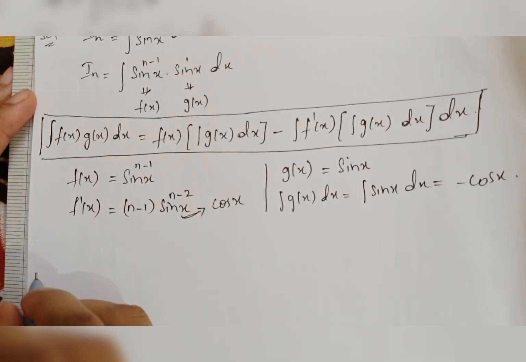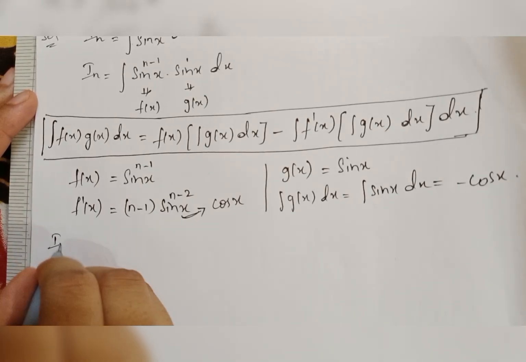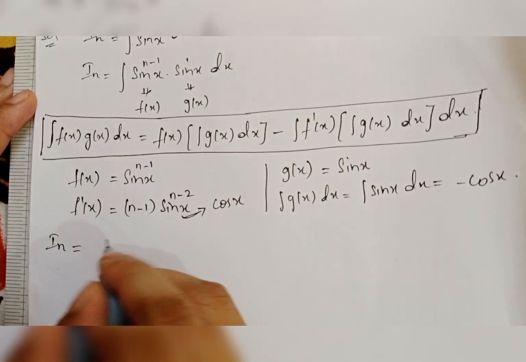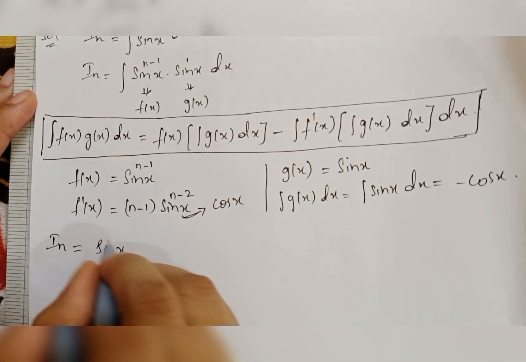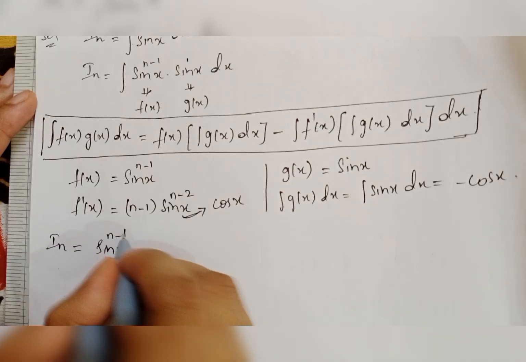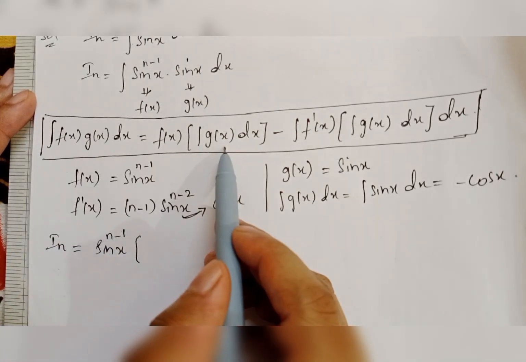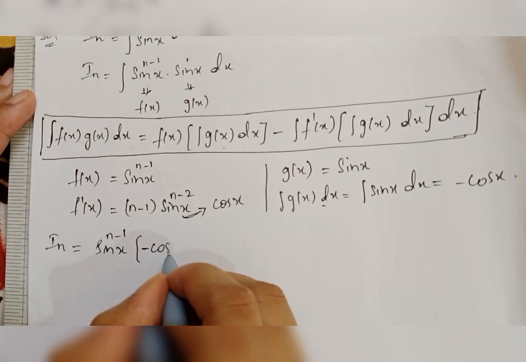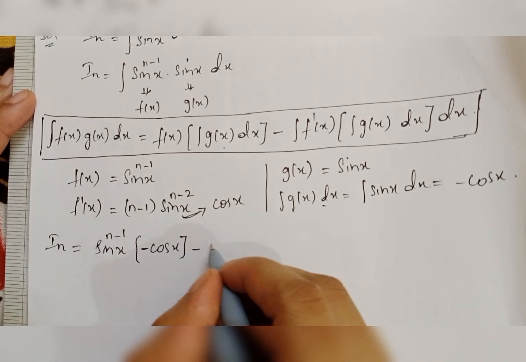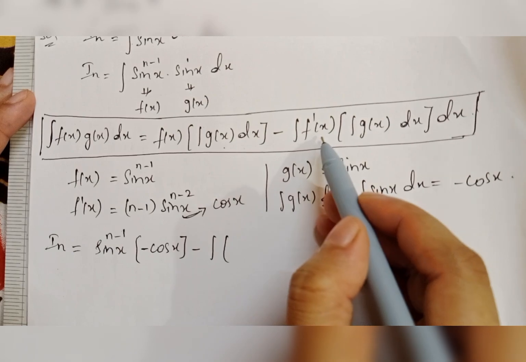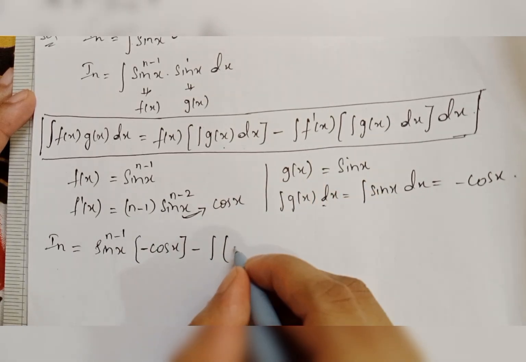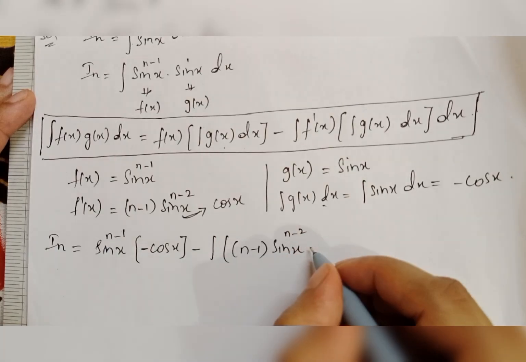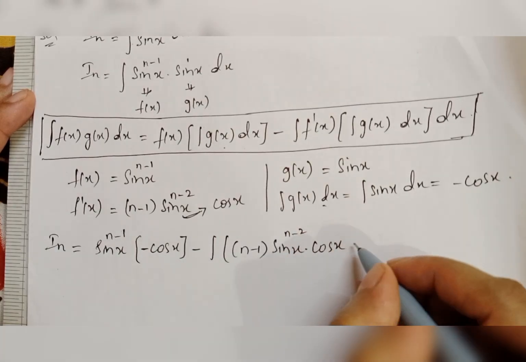We'll find this first and we'll substitute in the given formula. So we'll get I_n equals, first is f of x, which is sin x power n minus 1 into the integral g of x dx value. The integral g of x dx value is minus cos x, right? Minus integral. Now the f dash of x value, which is equal to this, we'll write here: n minus 1 into sin x power n minus 2 into cos x.